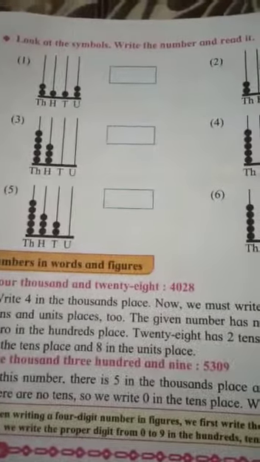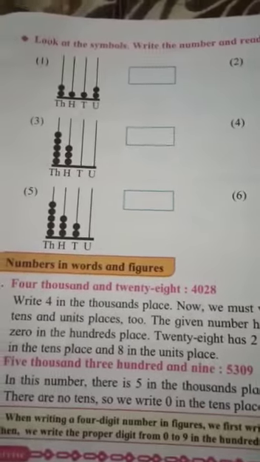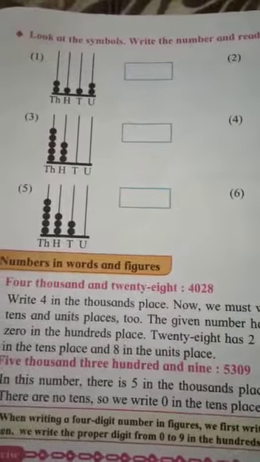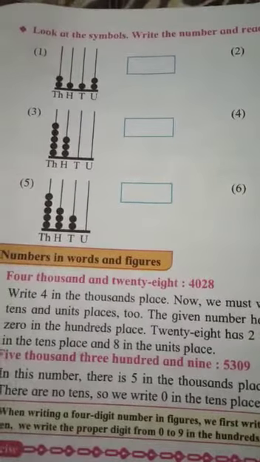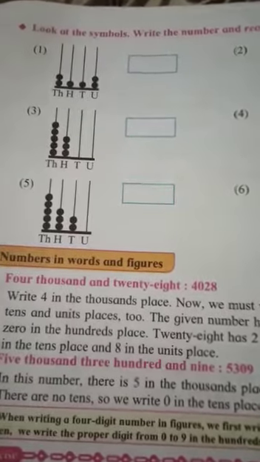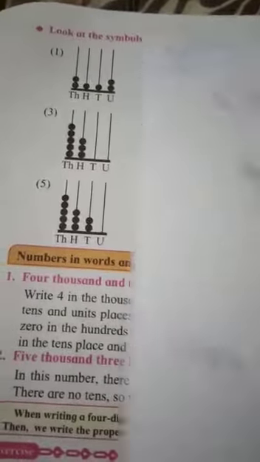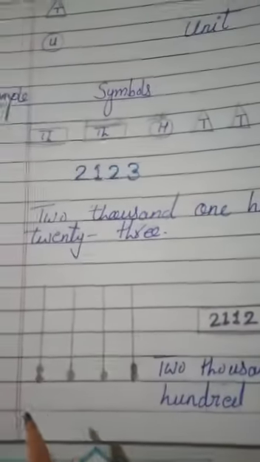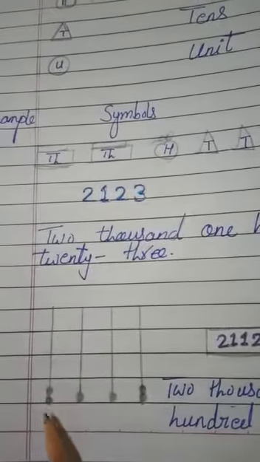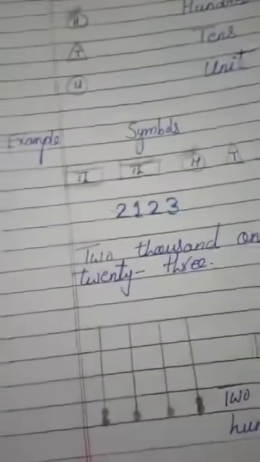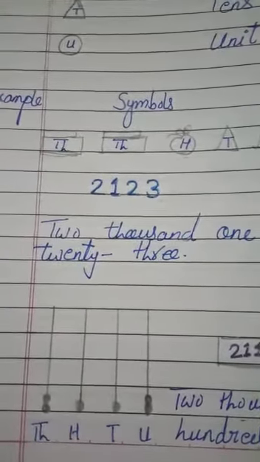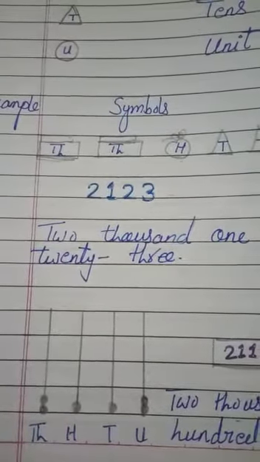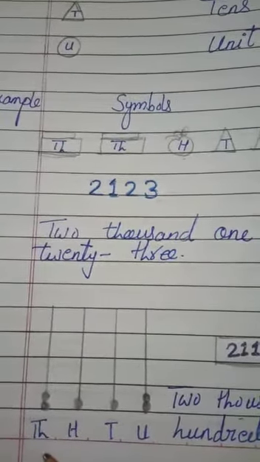Look at the symbols, write the numbers and read them. See here, first one. How many in thousand place? See here, in thousand place, how many dots are there? 2.